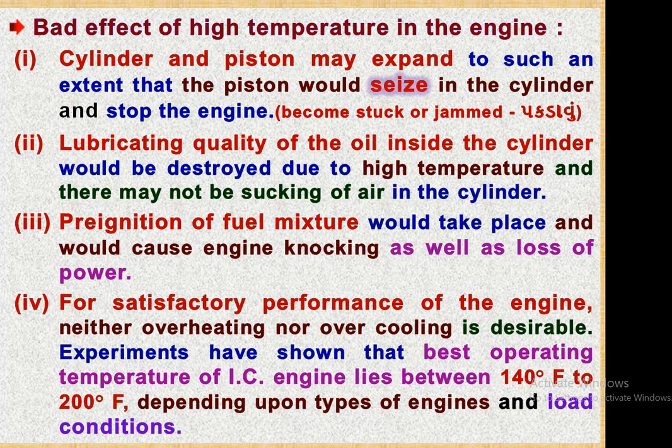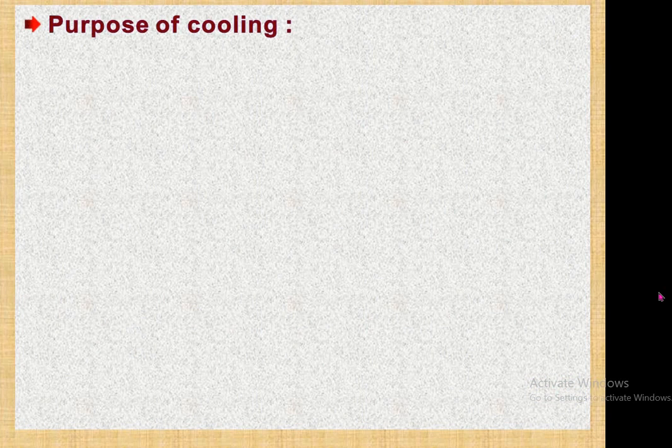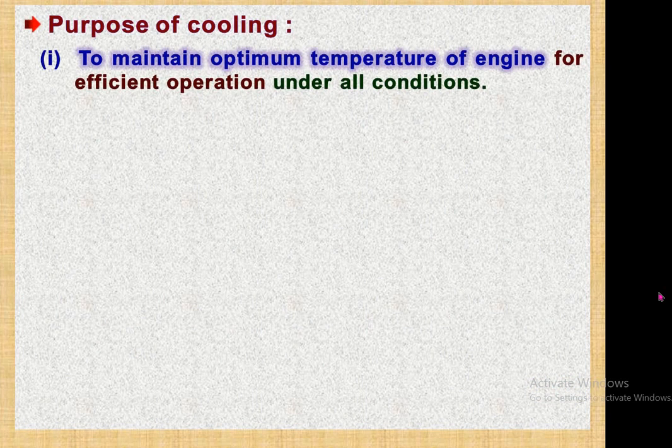If the engine is used for more load, then maybe the temperature of the engine will be near to 200 degree Fahrenheit. So this is, we can say, the bad effect of temperature on the engine system.